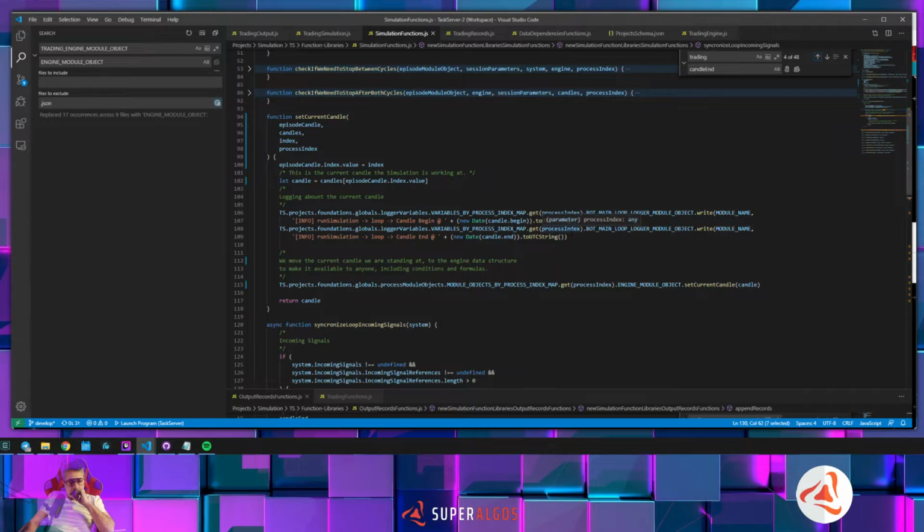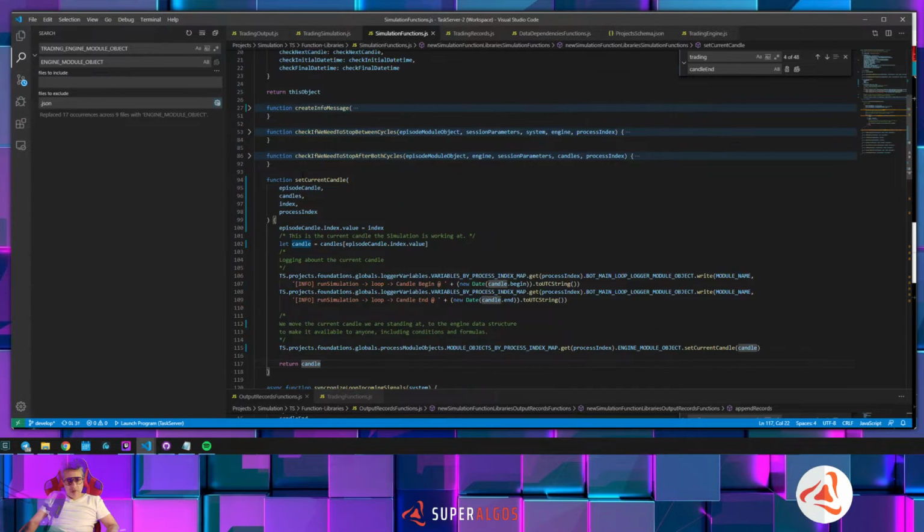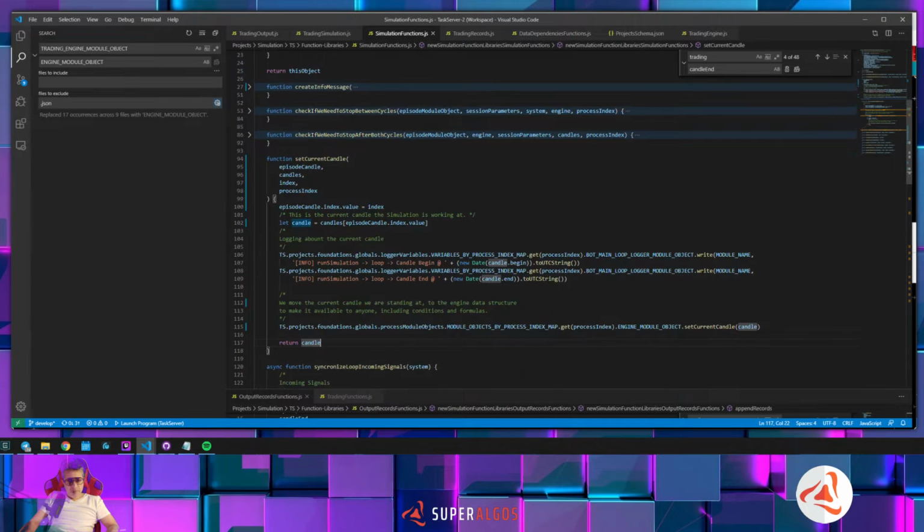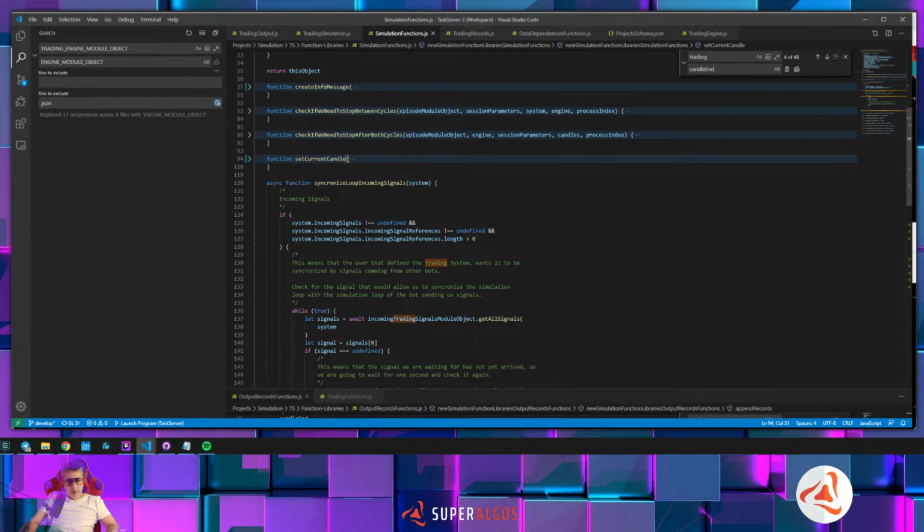So we updated two functions here and made a refactoring.